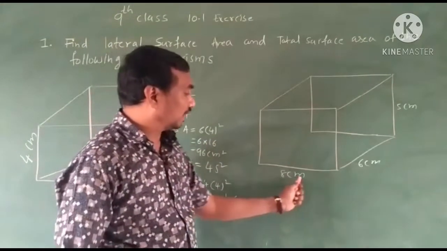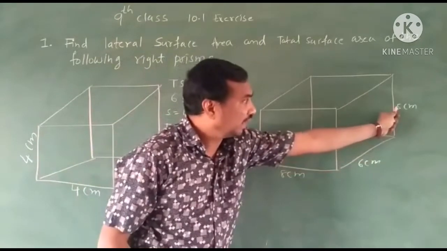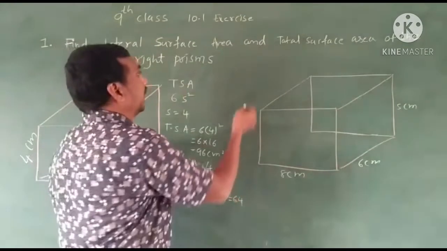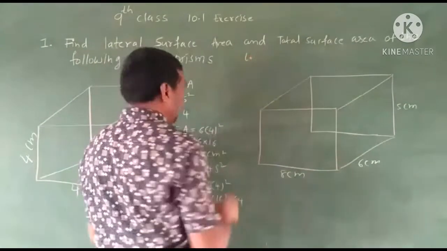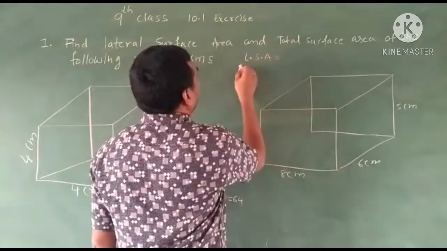Now this is a cuboid because here length is 8 centimeters, breadth is 6 centimeters and height is 5 centimeters. So we already have the LSA of a cuboid.